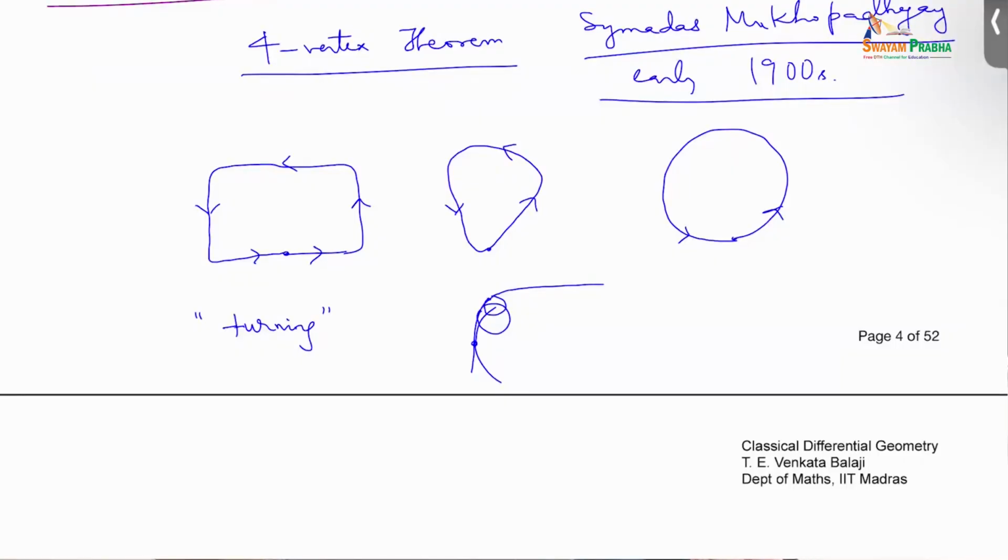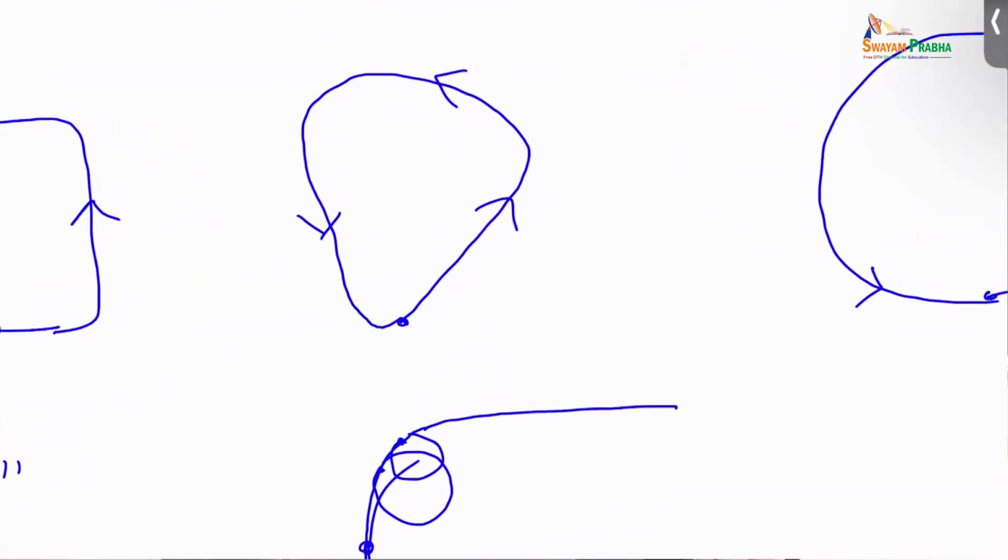But if you ask the question, what happens in the case of a soft triangle like this, you have to analyze it, and if you look at it very carefully, there will certainly be 4 vertices.